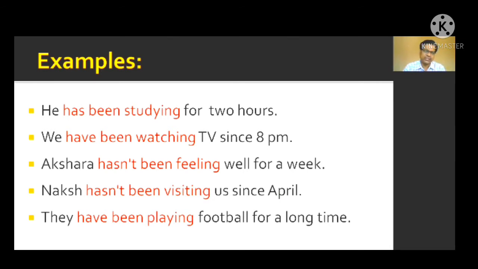So we is the first person plural number. That's why we have used have here. We have been watching television for 2 hours. Suppose you are making the statement at 10. Or else if you want to mention the point of time, you can say since 8 p.m., since 5 p.m., since morning. You can say whatever you want.